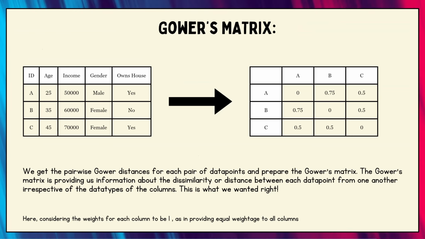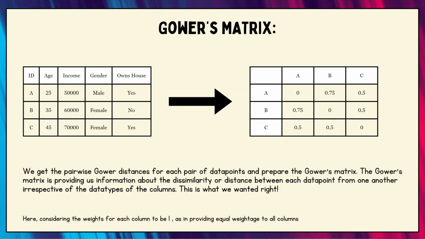Now, once we get the pairwise distances between all the data points using the Gower's distance, we can generate the Gower's matrix. Gower's matrix is a condensed matrix, which is simply showing the quantified dissimilarities between the different rows or the different data points.